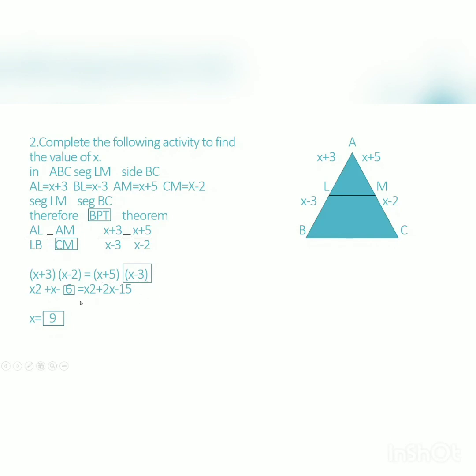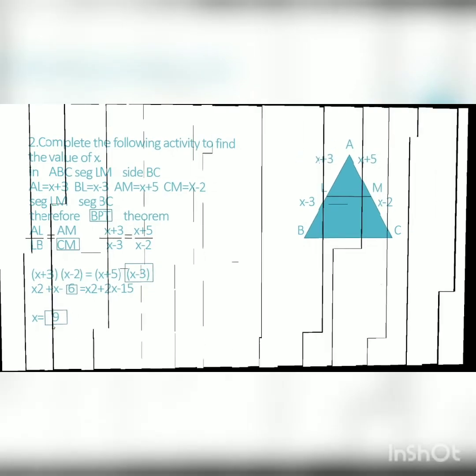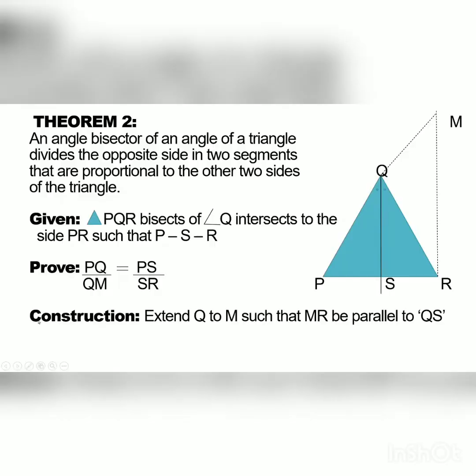After calculating, x square plus 2x minus 15. Both x squares get cancelled. Therefore, x is equal to 9. You get the value of x is equal to 9.